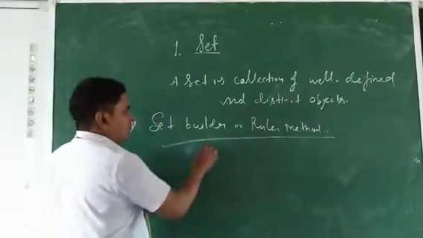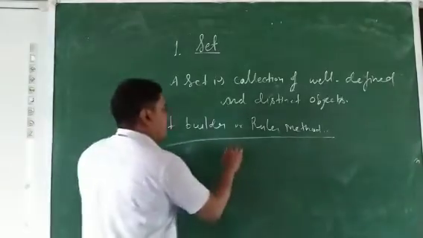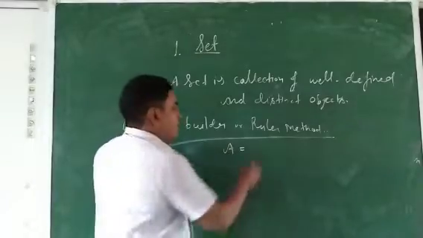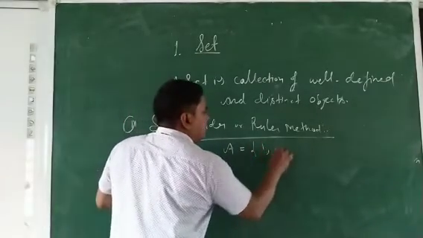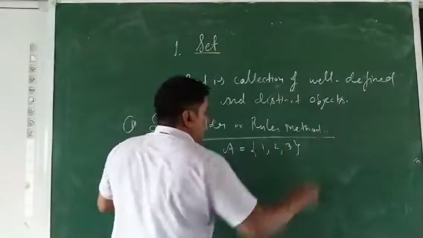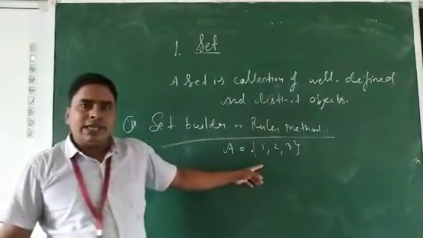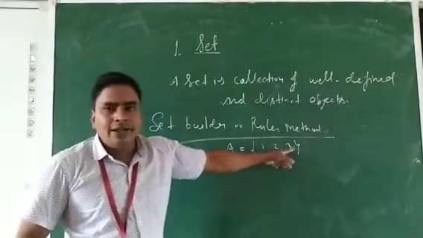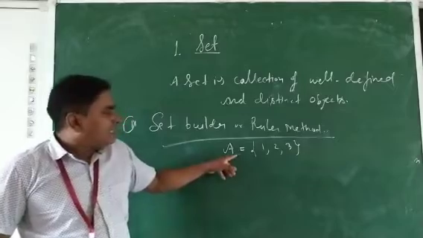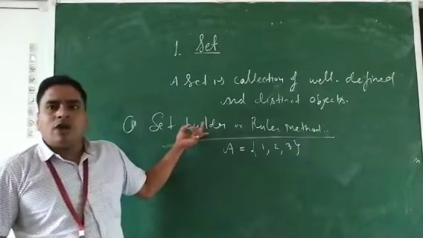Suppose you want to write a set that is already given in roster form. Set A is equal to {1, 2, 3}. Here 3 numbers are given in this set: 1, 2 and 3. If you want to write this set in set builder form, how will you write?